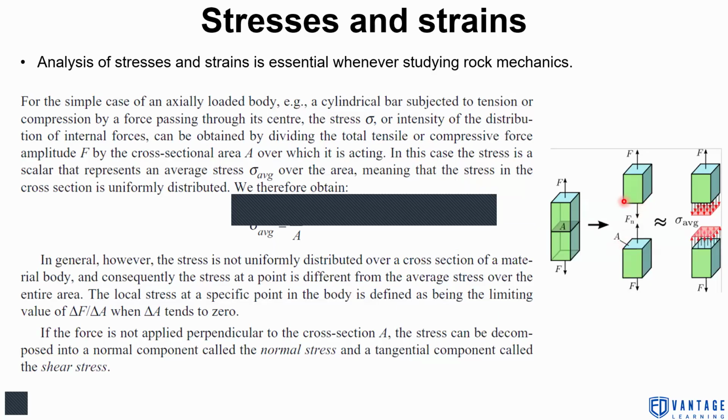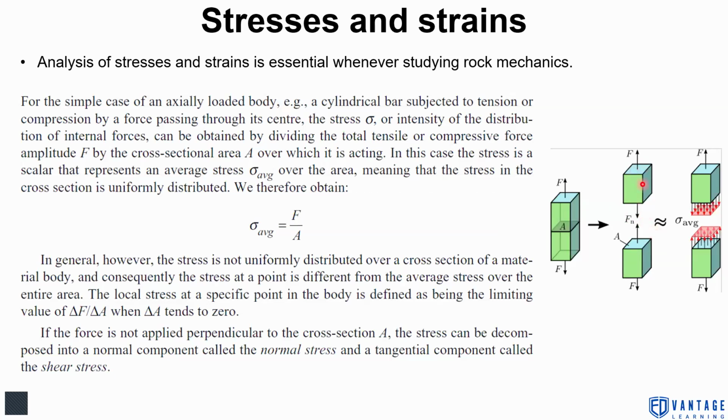Normal force always acts in the direction parallel to the direction of force application. This force divided by the area will be the average stress that we apply on the block. This can be obtained by dividing the total tensile or compressive force of amplitude F by the cross-sectional area A over which it is acting. In this case, the stress is a scalar because stress is not dependent on direction here. It's a scalar that represents an average stress over the area. So sigma average is F by A.